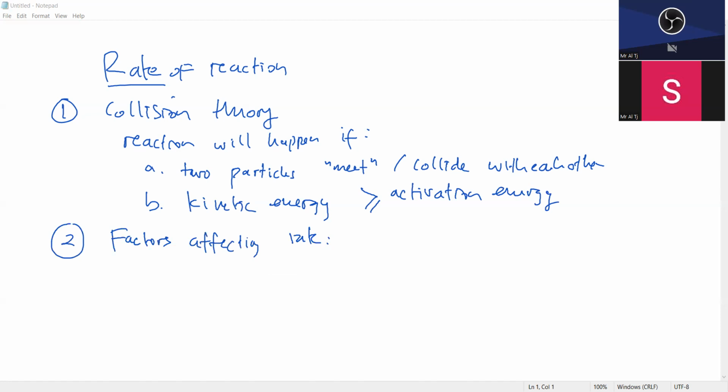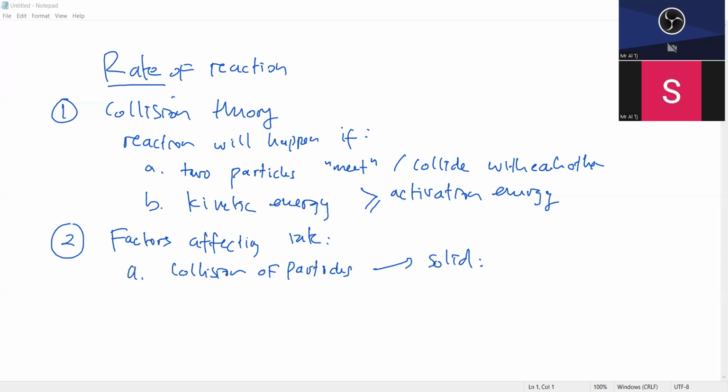Now, the first part here is about the meeting or collision of particles. This is going to have a different requirement based on the state of matter. If you're talking about a solid, it can only meet or collide at the outermost layer. Only the outer layer of a solid can take part in a chemical reaction.